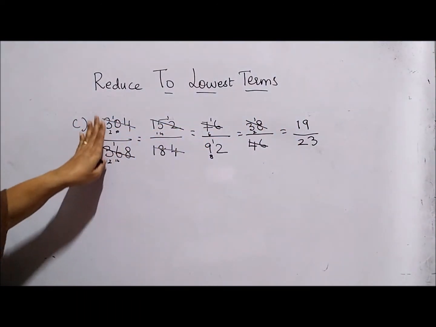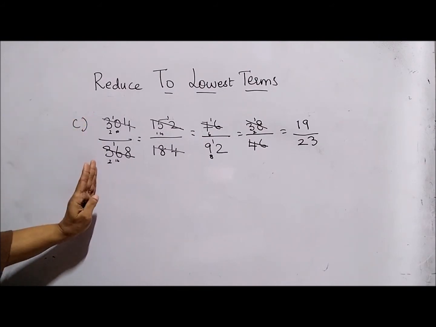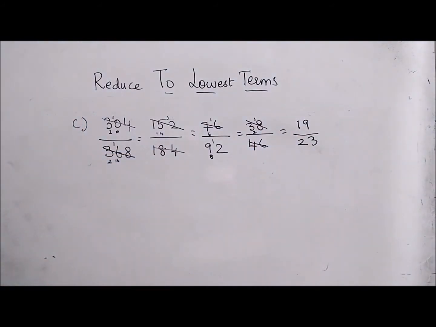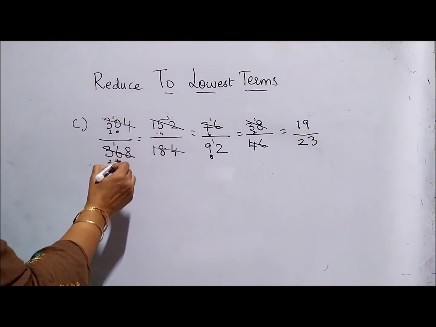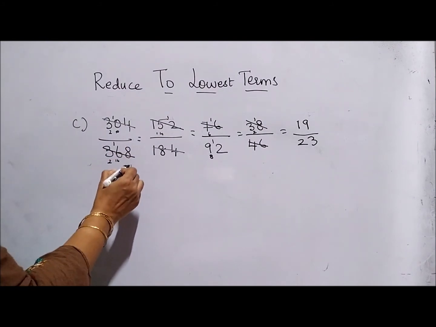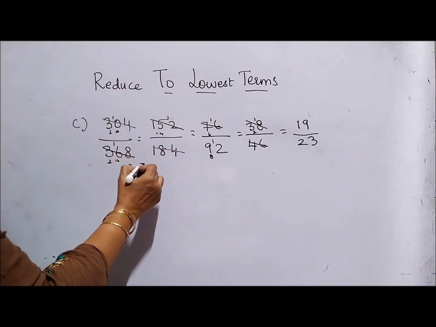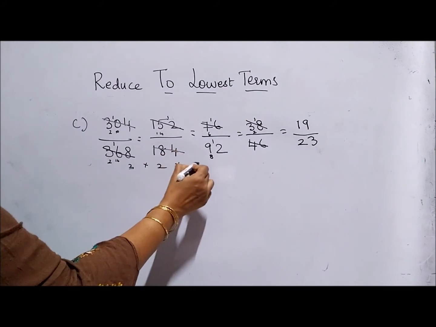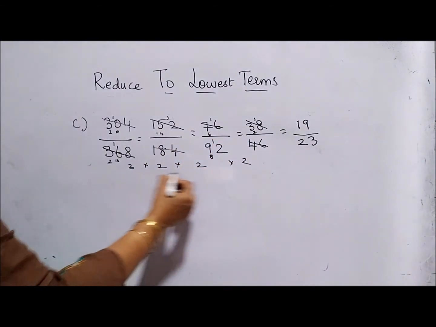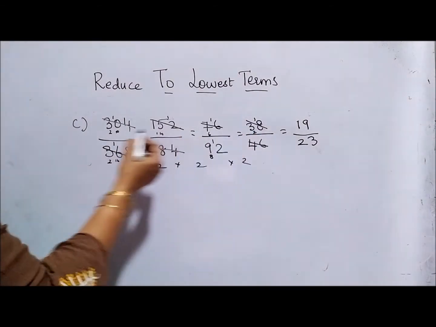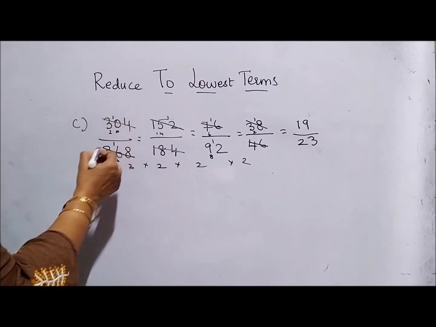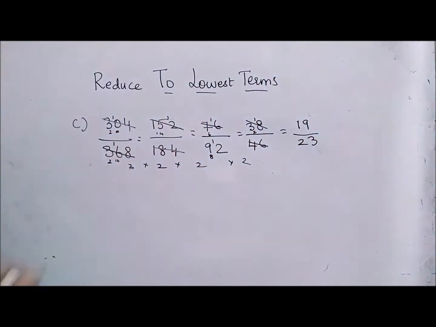So the reduced value of 304 by 368 is 19 by 23. If we remember 16 tables, see actually we have divided here 2 times, here 2, here 2 and here 2. Totally we have divided by 16. So directly if we divide both by 16, we will get the same answer. Hope the concept is clear.